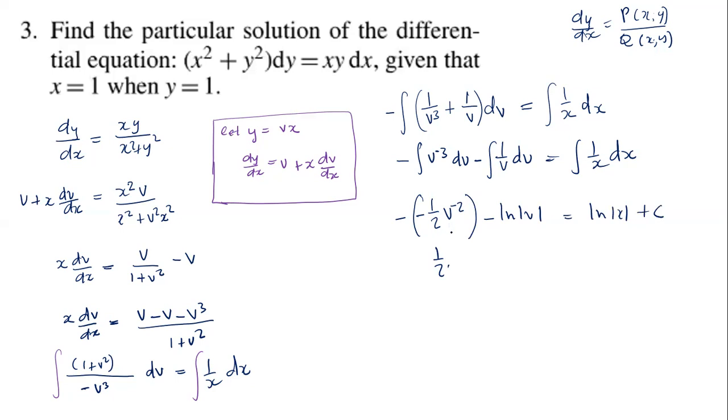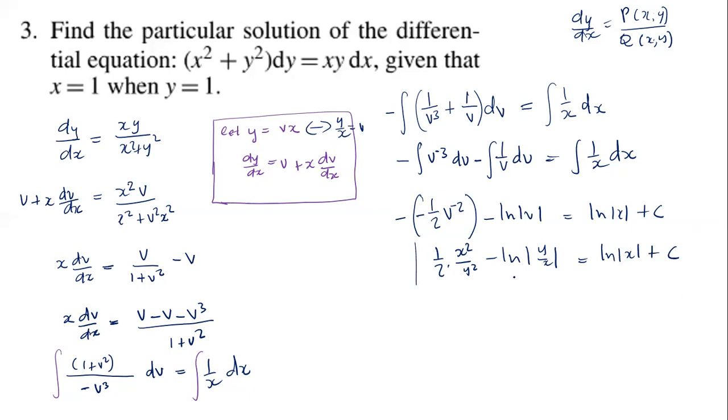But remember, sorry about that, this equation can be written like this: y over x equals v. So here we can have y over x, but because of the negative exponent, I can just write it as x squared over y squared, right? Subtract ln of our v, which is y over x, will be equal to ln x plus c. And therefore, you can just multiply these two over there. And therefore, this will be the general equation.